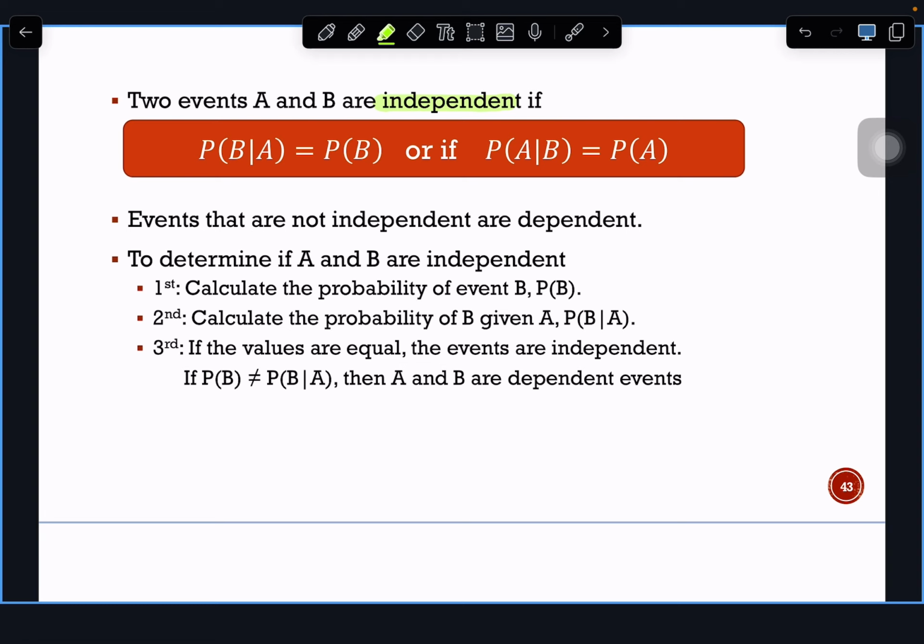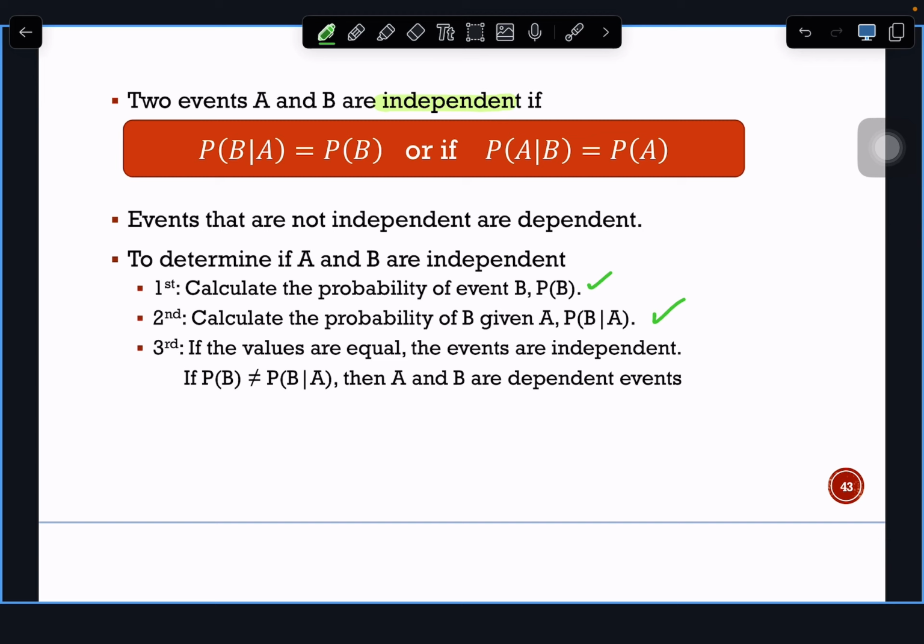This one is how to check, based on calculations, whether A and B are independent. First, calculate the probability of P(B). Second, calculate the probability of P(B given A). Third, check whether they are equal or not. If they are equal, independent. If they are not equal, dependent.